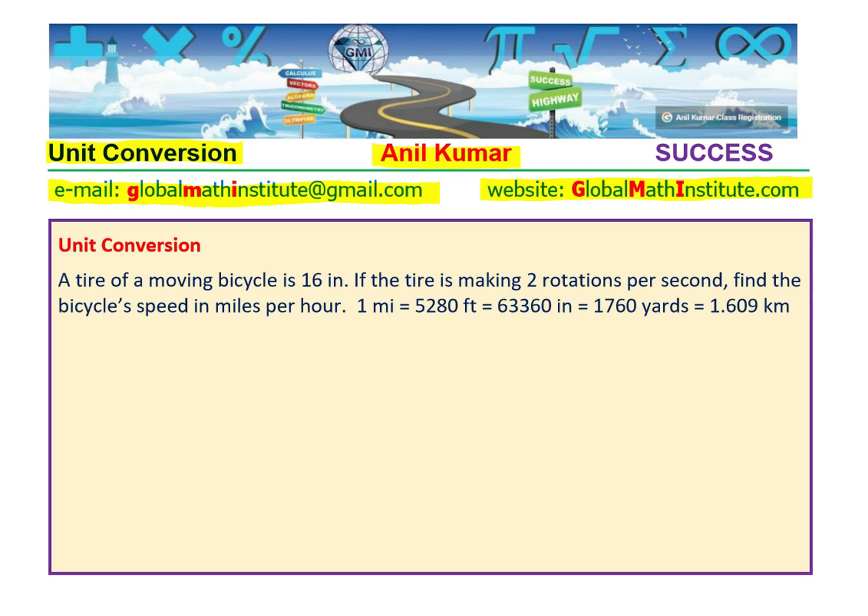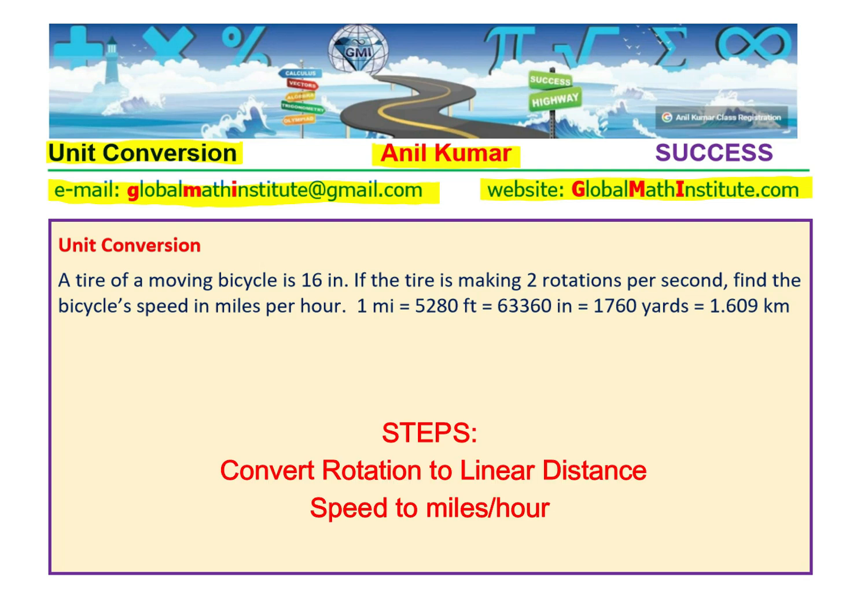You can pause the video, answer the question, and then look into my suggestions. We are going to solve this problem in two parts. First, we'll find how we convert the rotation into distance.